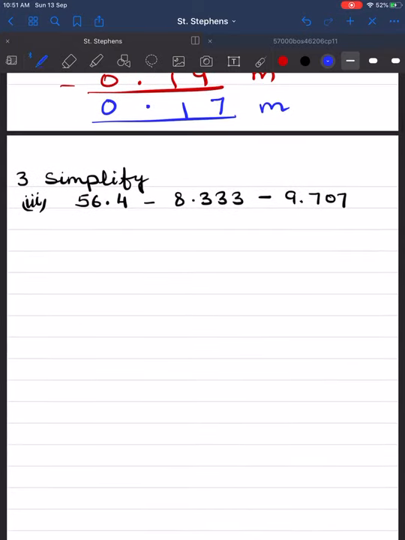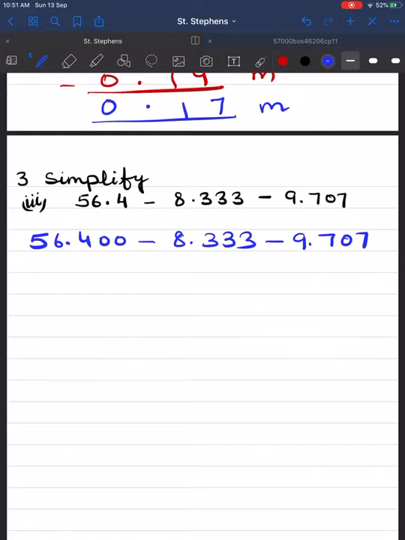Children, in simplification we have to perform both addition and subtraction. Now here the maximum number of decimal places is 3, so let's convert 56.4 into like decimal having 3 decimal places. So we get 56.400 minus 8.333 minus 9.707. Now let's arrange the decimal numbers in column.